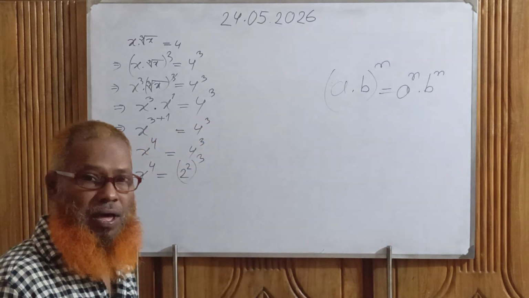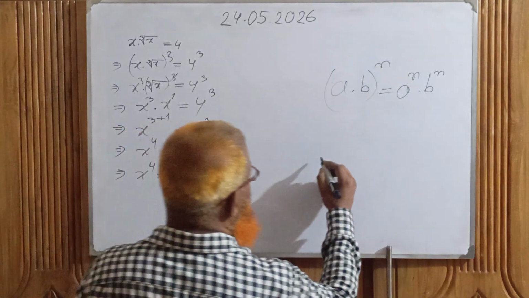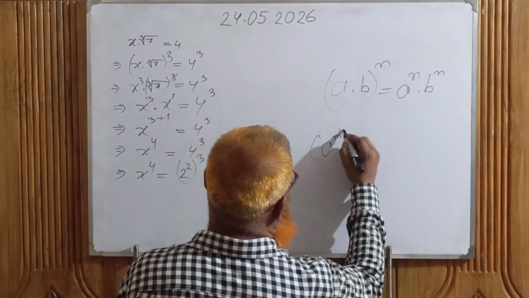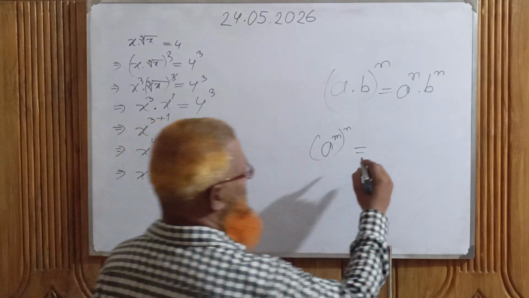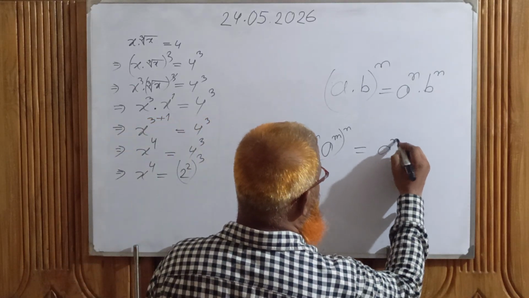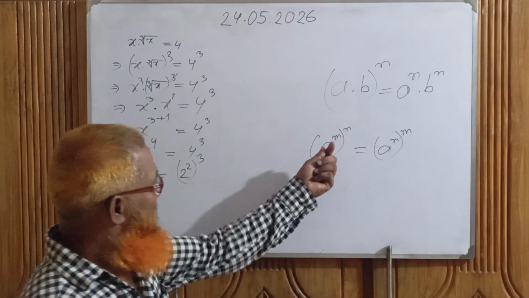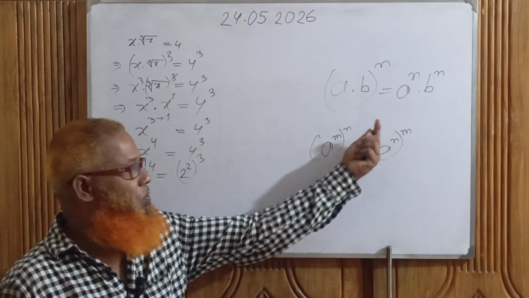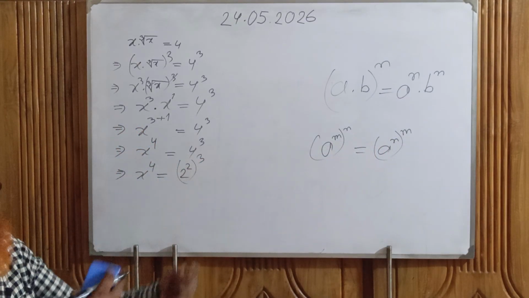If we follow the exponent rules, (a power of n) power of m changes this way, so 2 and 3 are changed.